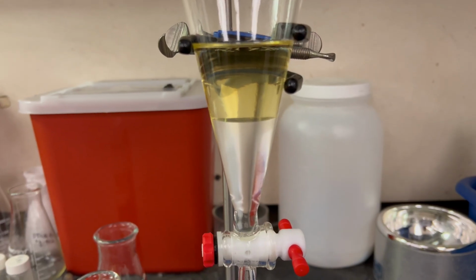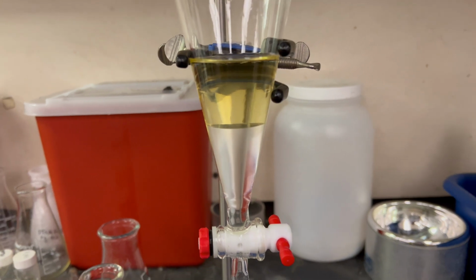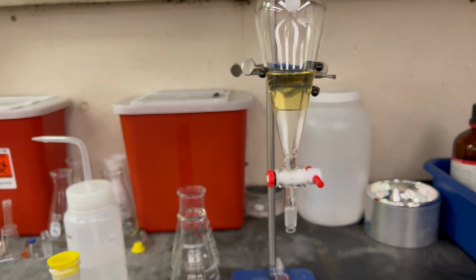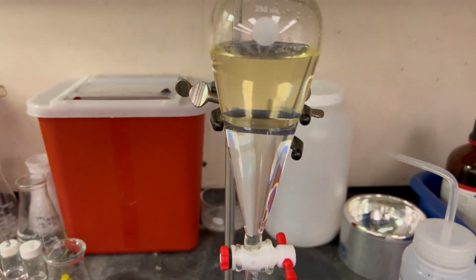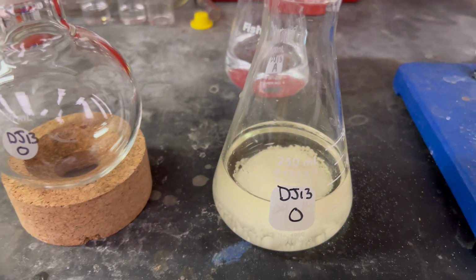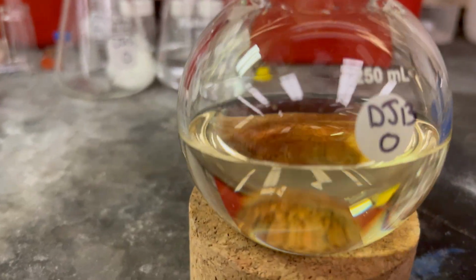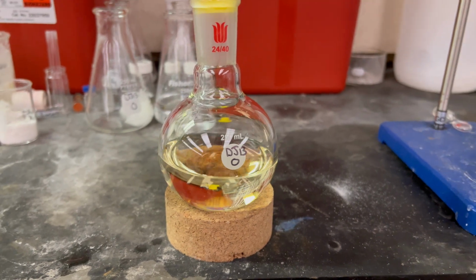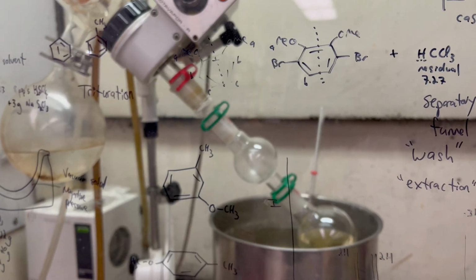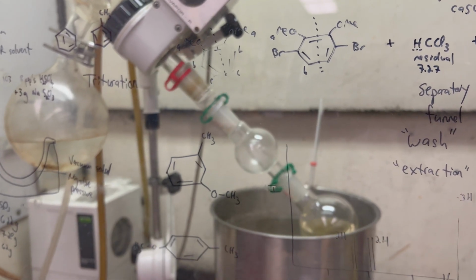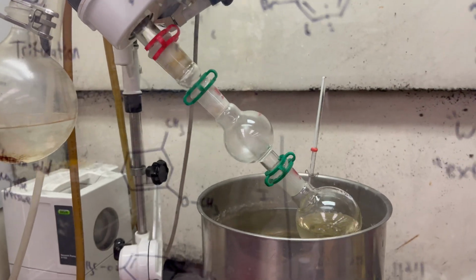After the 40 minutes of mixing, the product is extracted 3 times using ethyl acetate and 1 time using brine. The aqueous and organic layers are separated, and the organic layer is dried using sodium sulfate. The product is transferred to a round bottom flask and rotovaped down.